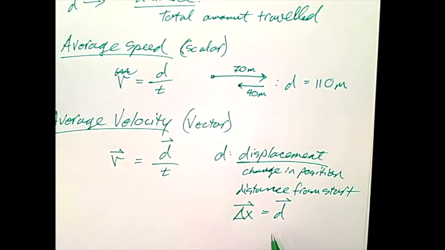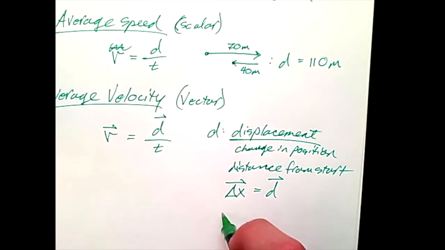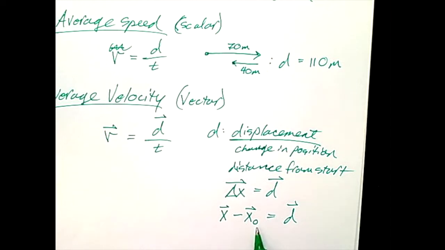This brings up an important note in terms of notation. Change in x would be the final position minus the initial position as vectors from the initial state. And so displacement is defined like this classically using Newtonian notation. This x sub 0 is often referred to as x naught, indicating my initial position.